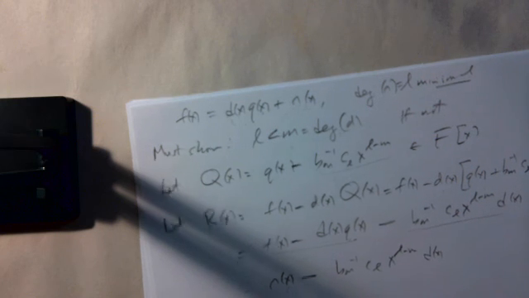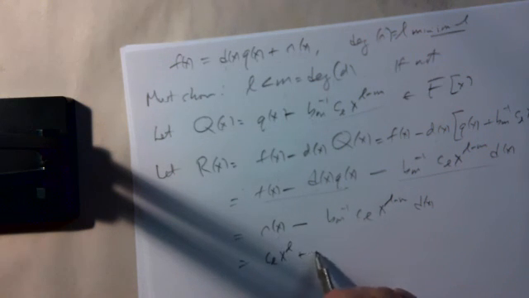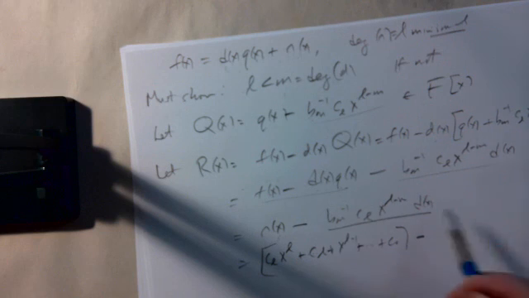R of x, you remember, had degree L. It was c sub L x to the L plus some lower order terms. And then I'm subtracting this.